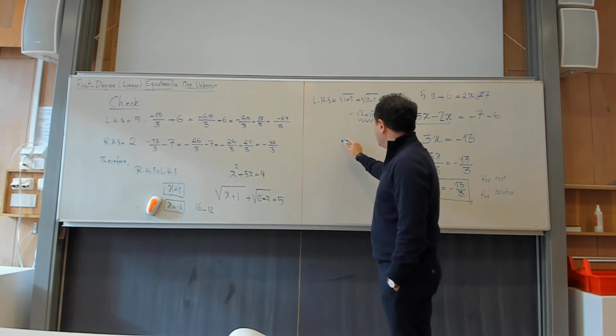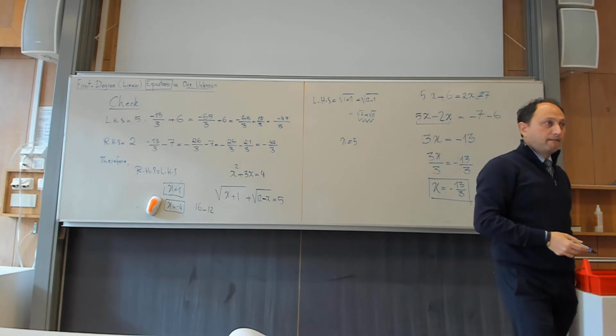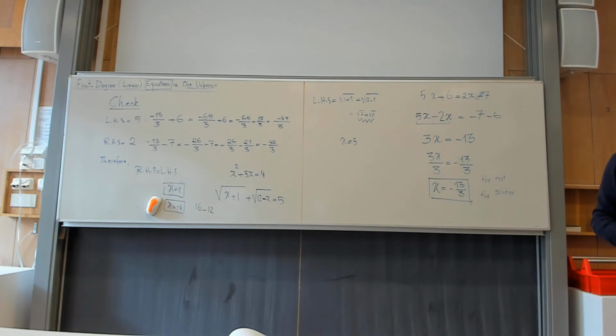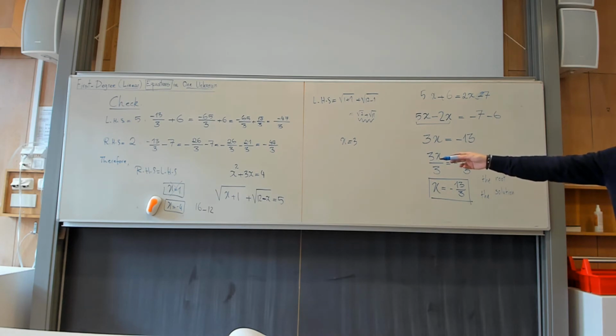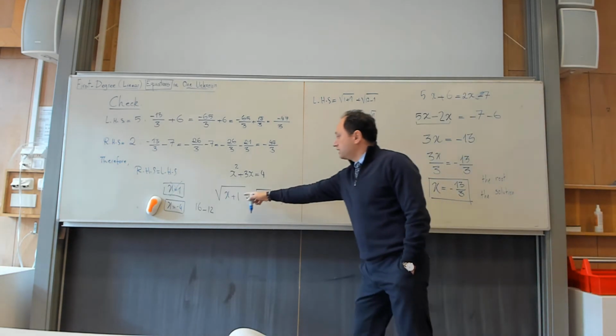But what do you think? Do you think x equals 3 is a solution? Is x equals 3 a solution of this equation? I think yes, because if you replace x with 3, what happens?